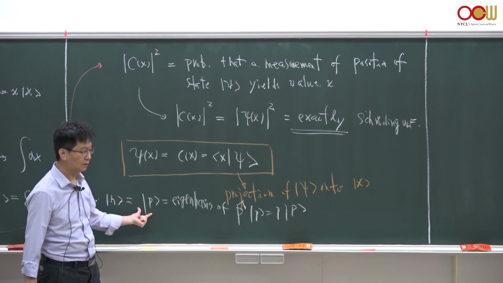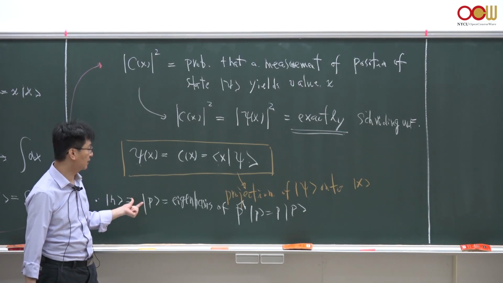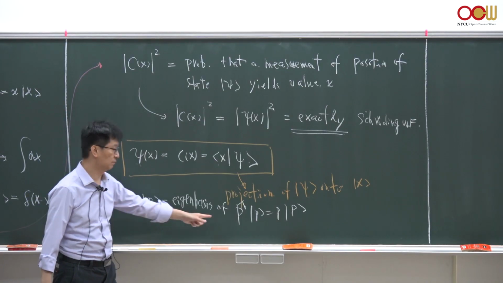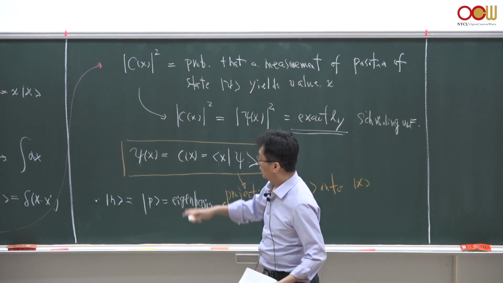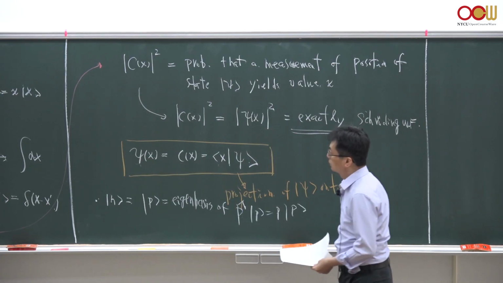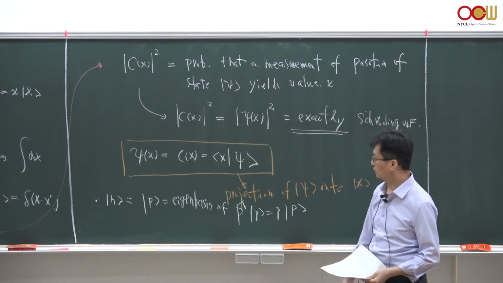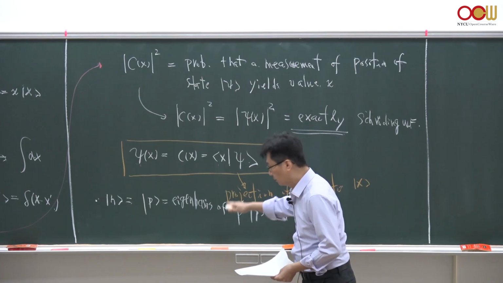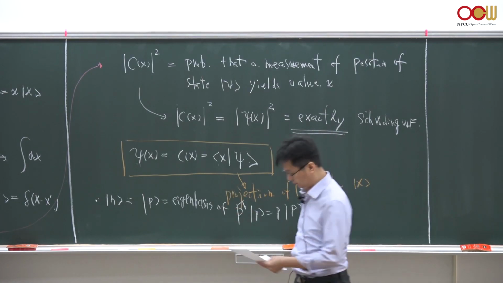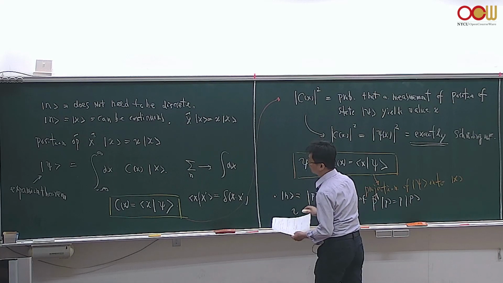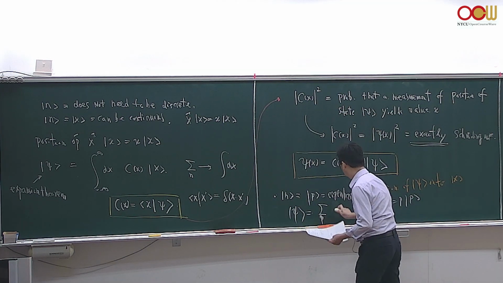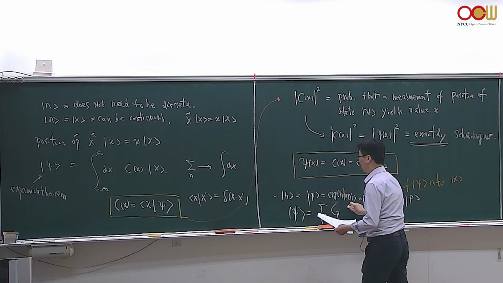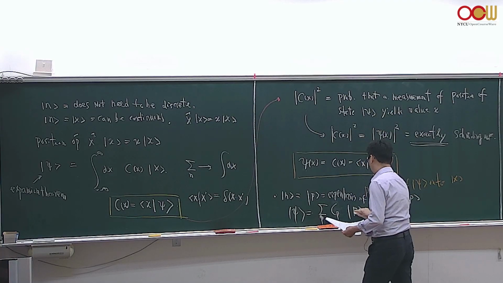This ket p is the eigenstate of momentum operator p, and then we could again apply the same expansion theorem to expand any arbitrary quantum state psi in the momentum eigenbasis, which means that psi is the sum of C of p times the state p.